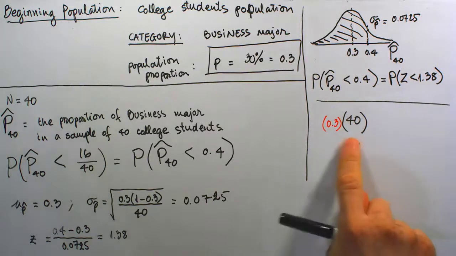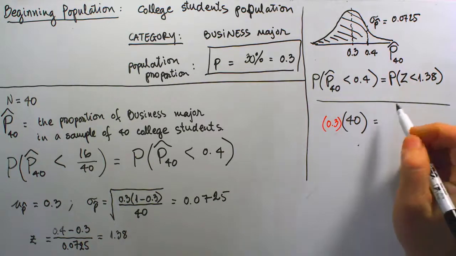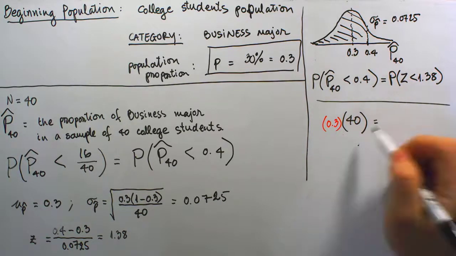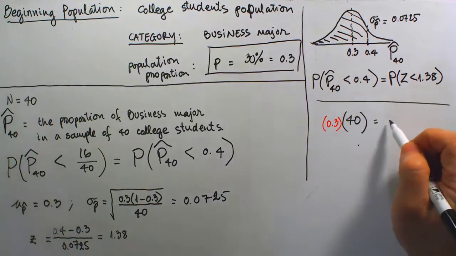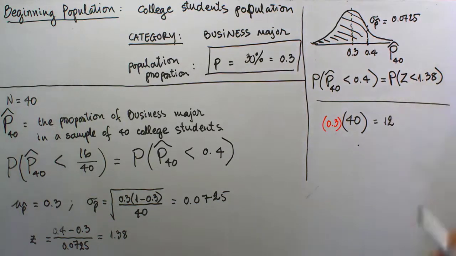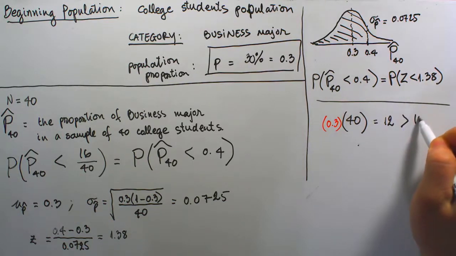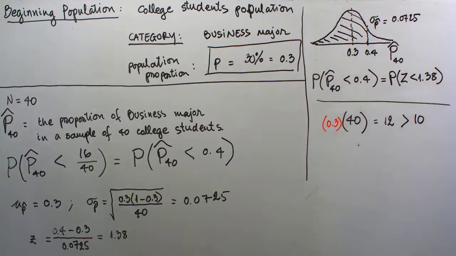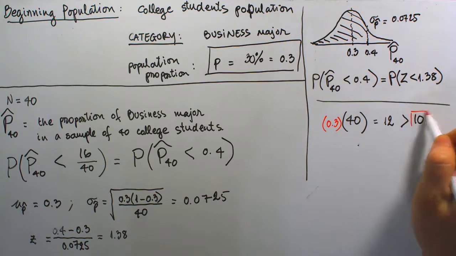That product here will give us some kind of count. So 0.3 times 40 is going to be, numerically as a count, 12. And this count was above 10. And I want anyone learning from this lesson to pay close attention to this.